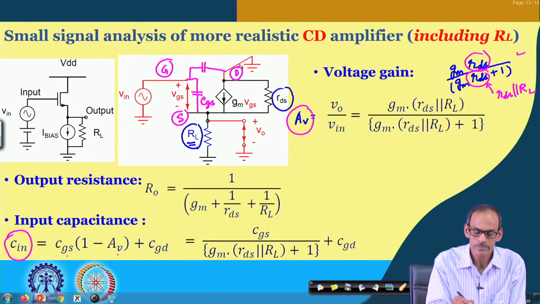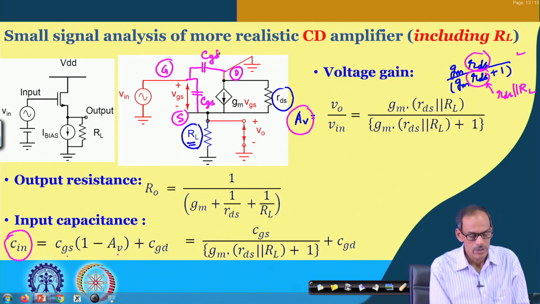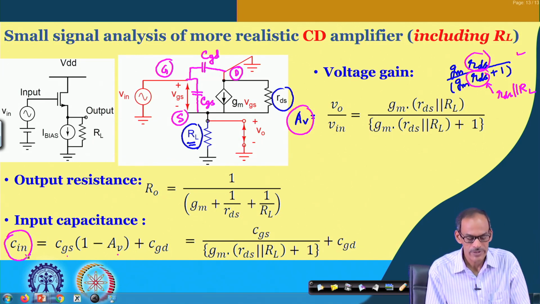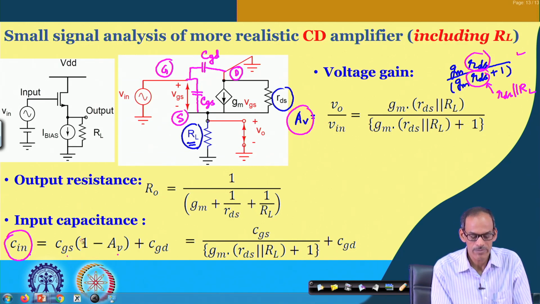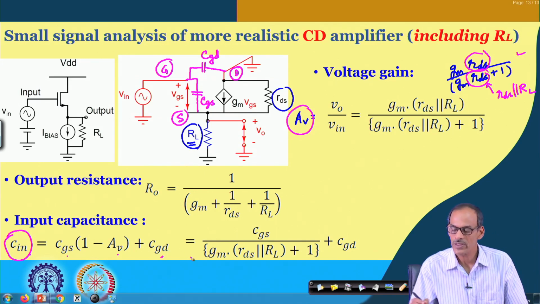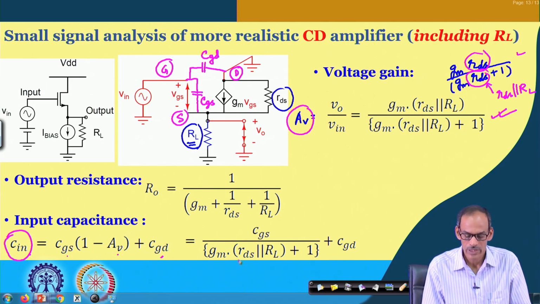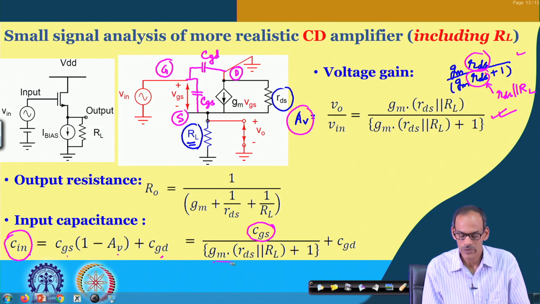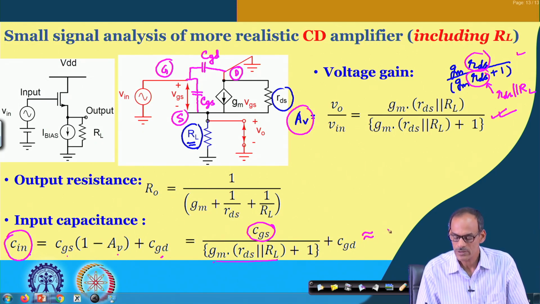So, the expression of the input capacitance is CGS multiplied by 1 minus AV, plus CGD. If I use the expression of the AV here, what we are getting is that CGS is getting divided by a big factor, and as a result you may approximate this again by CGD.